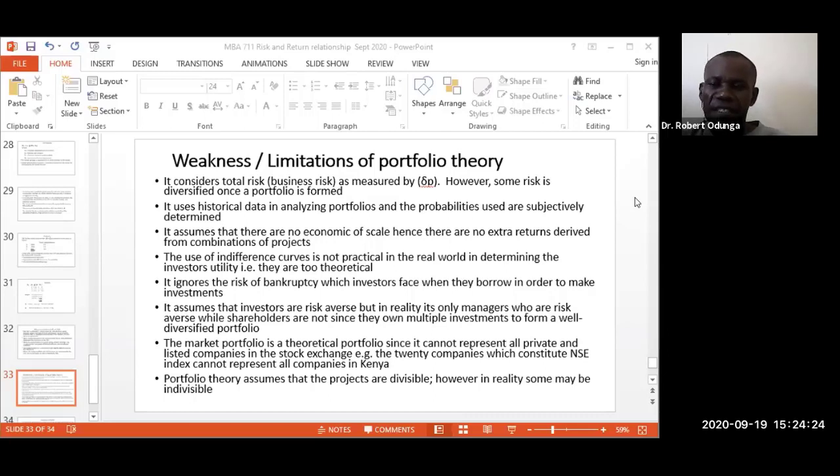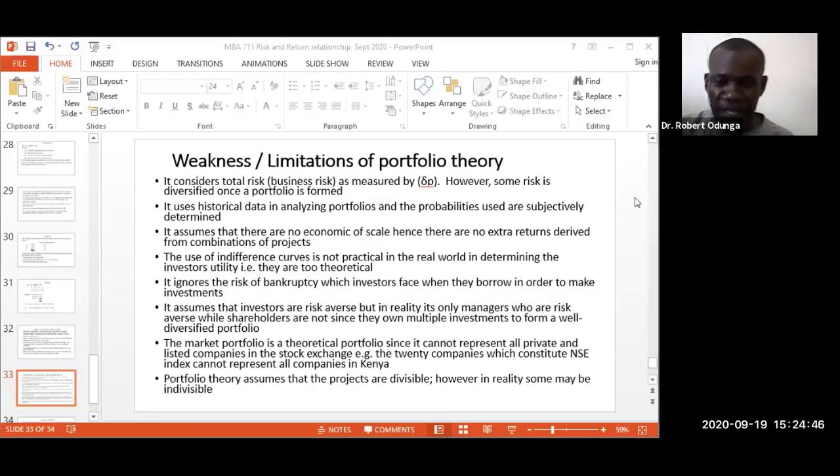So this is just serving as an indicator because the information about these companies, their trading and share prices, is easily accessible and determined through forces of demand and supply.